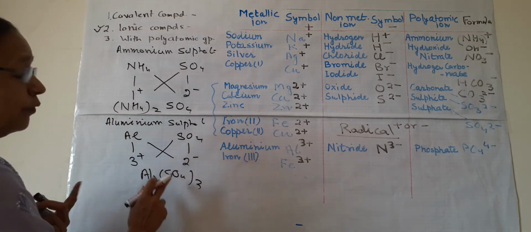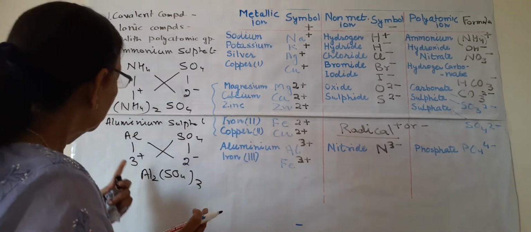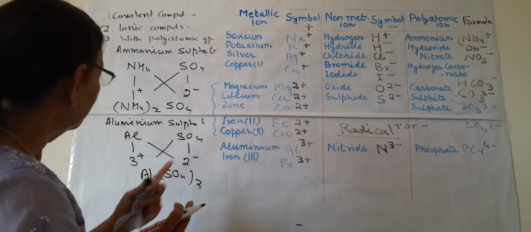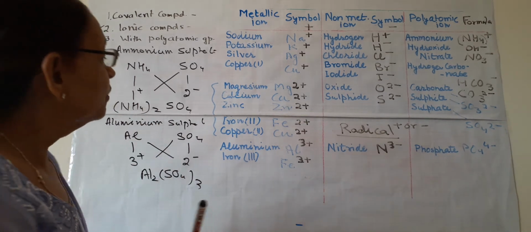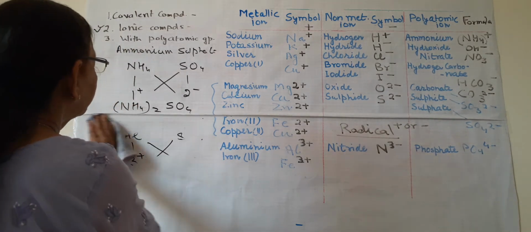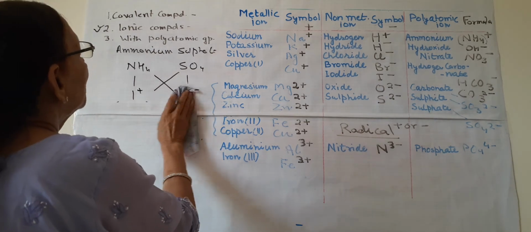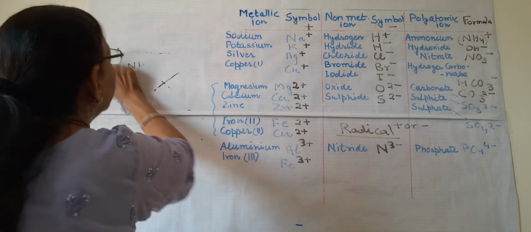SO4 is more than 1, 3 groups of SO4 are present, so this 3 we write in a bracket. So the formula of aluminium sulfate is Al2(SO4)3. So this is how formulas for covalent, ionic and compounds with polyatomic groups are written.